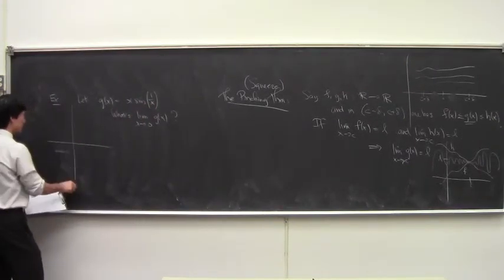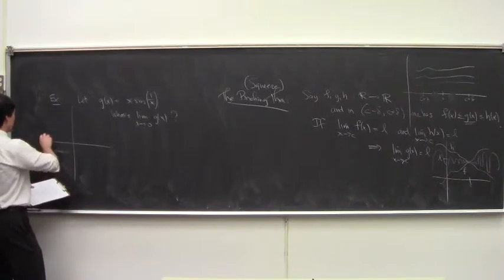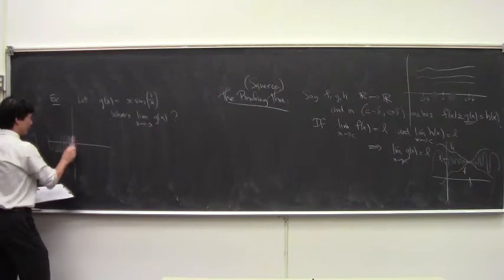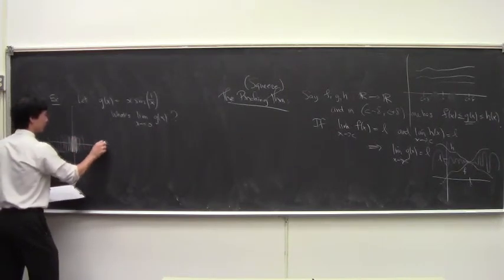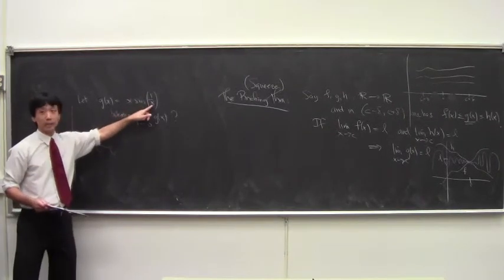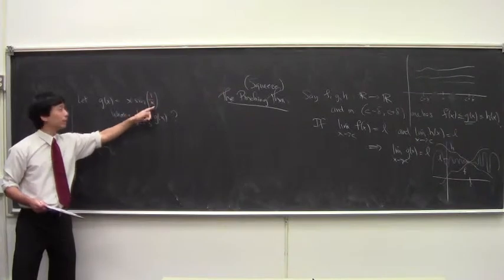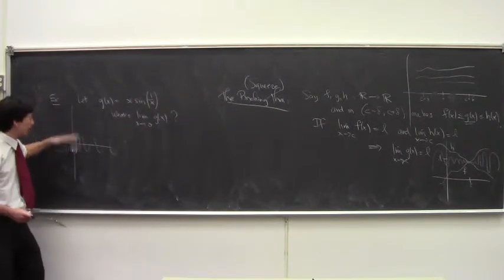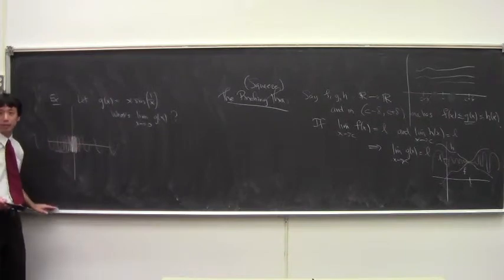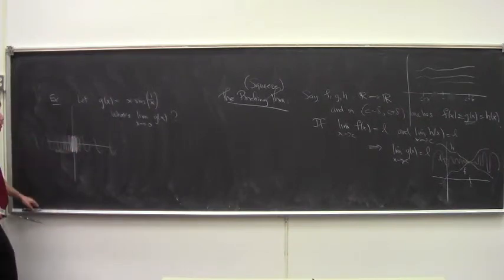Sine 1 over x as x goes to 0 will look something like this. As it gets closer to 0, this 1 over x heads off to infinity, and sine of 1 over x oscillates as that 1 over x goes off to infinity. So it has no limit.